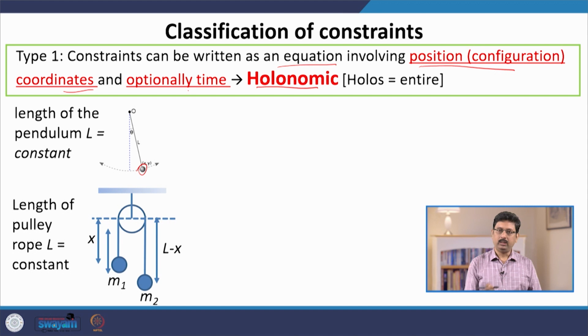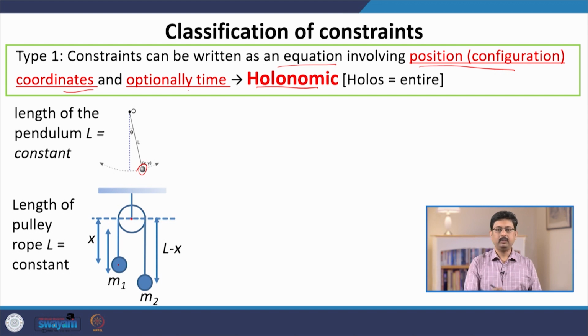Another example that we also discussed in the last lecture is the pulley problem, where you have the constraint that the length of the rope is constant. This means that if one mass has a coordinate x, where x is the vertical direction, taken with respect to the distance from the center of the pulley, then the other one must be L minus x.